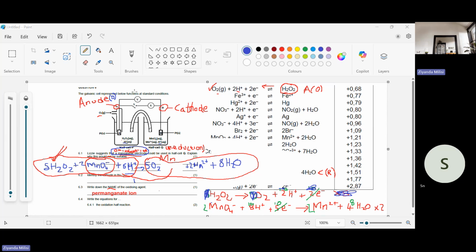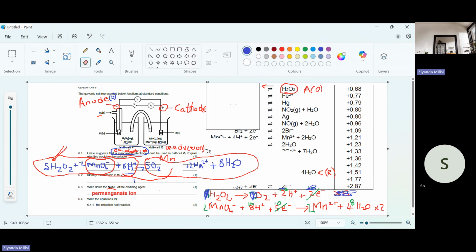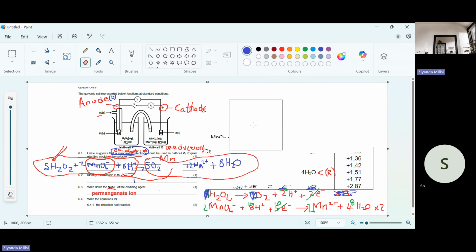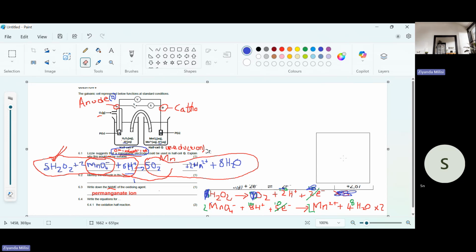Okay. Now 6.4.2 was asking for a reduction half reaction. Which one is the reduction? It's the one that has got MnO4. So please write that one.